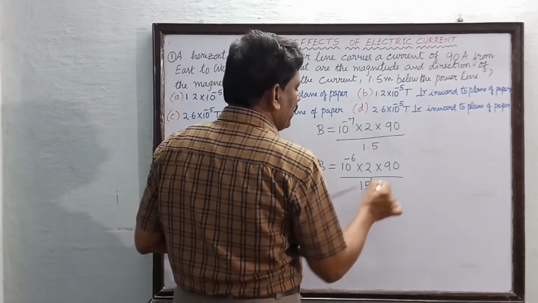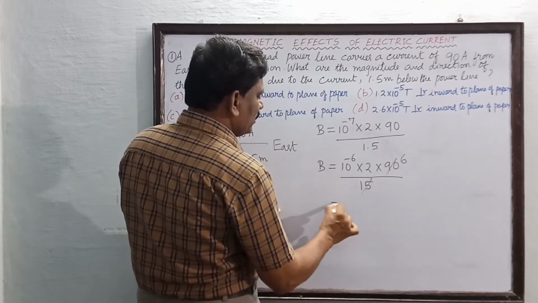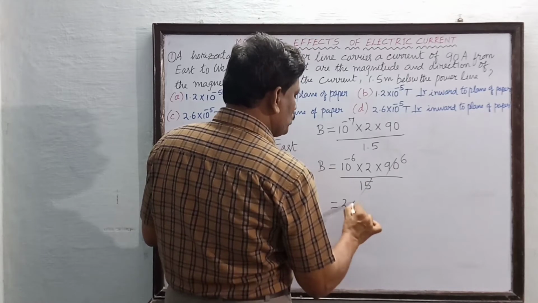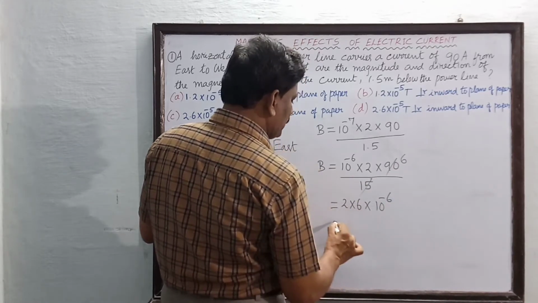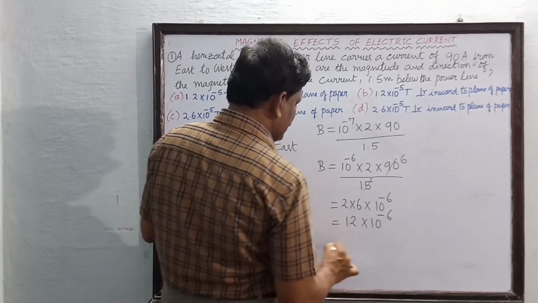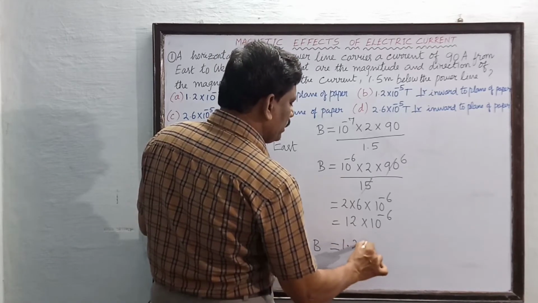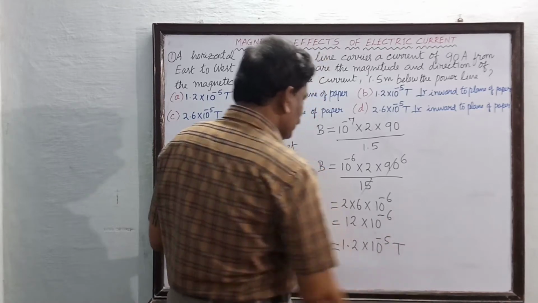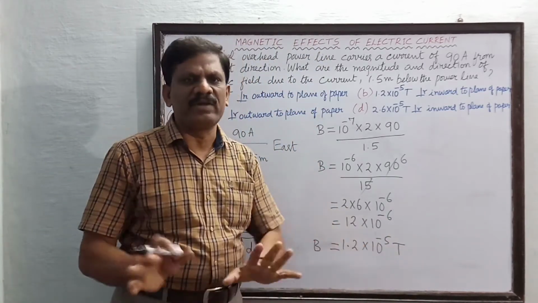So this is now equal to 2 into 6 multiplied by 10 power minus 6. So this is equal to 12 into 10 power minus 6, or B is equal to 1.2 into 10 power minus 5 Tesla. So the magnitude is 1.2 into 10 power minus 5 Tesla we have found.